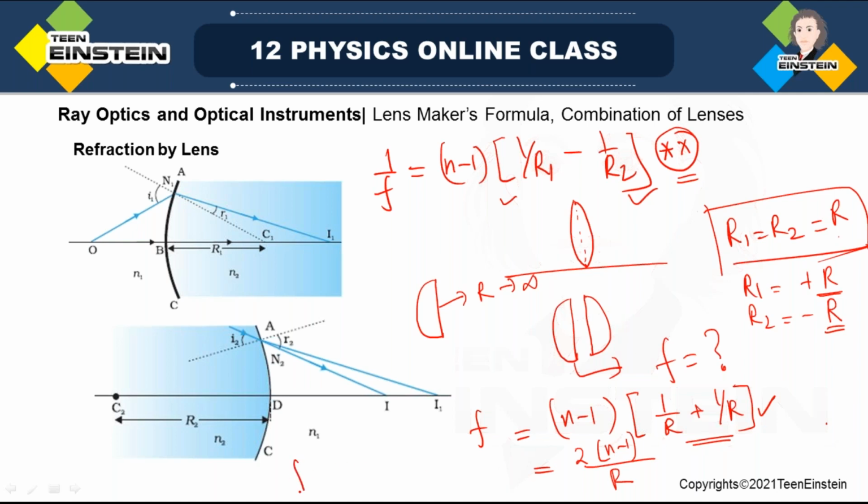For the left half, R2 will be minus infinity, so you get (n minus 1) over R, and suppose the focal length is f prime. So what is f prime? Look here, what is f prime?